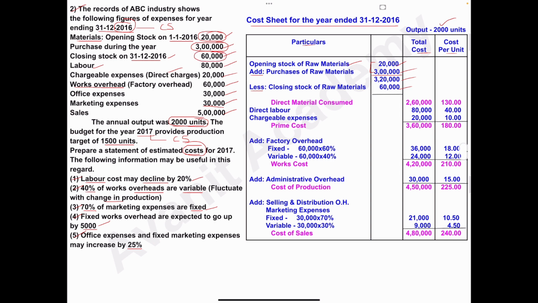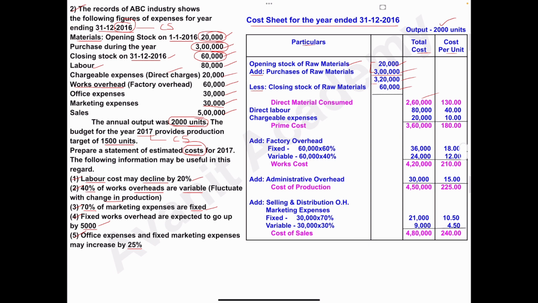From this 3 lakh 20,000 minus 60,000 closing stock amount, the remaining balance is 2 lakh 60,000. Write in the total cost column 2 lakh 60,000. So the total direct material consumed is 2 lakh 60,000.